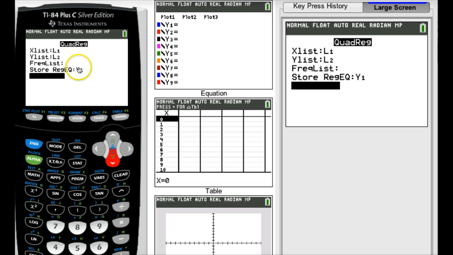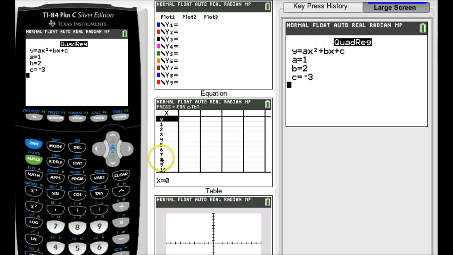And what I had suggested was just practice doing this every time because then you won't forget to when you need to. So then press calculate, and then it tells me, here's the format of my answer. Here are the values that I plug in for A, B, and C.